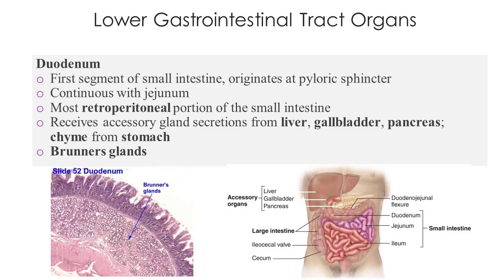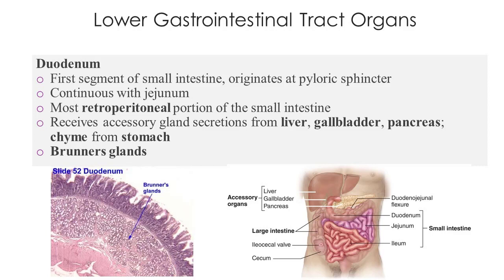And then here's the way histologically you can tell which segment of small intestine you're looking at. Here in the submucosa, you have this huge assortment of acini and glands. These are submucosal glands, or Brunner's glands, that produce that alkaline secretion to neutralize the acid in the duodenum as soon as that acidic chyme hits.